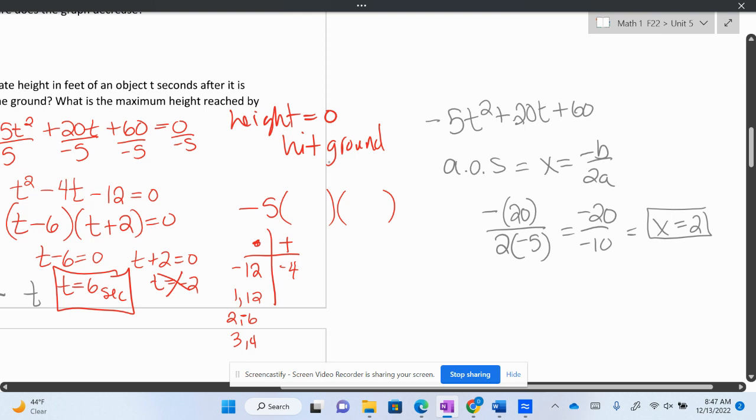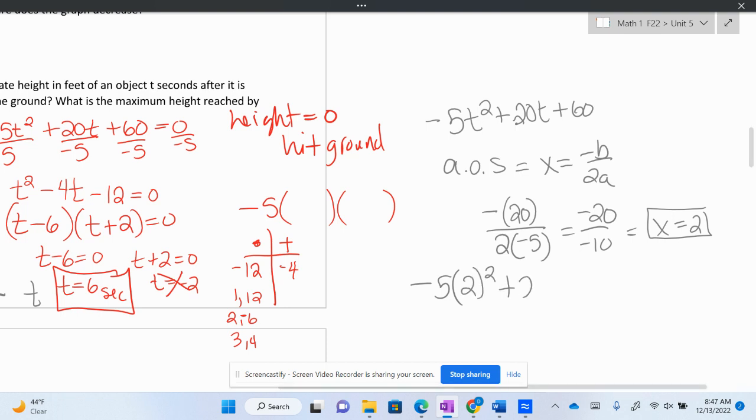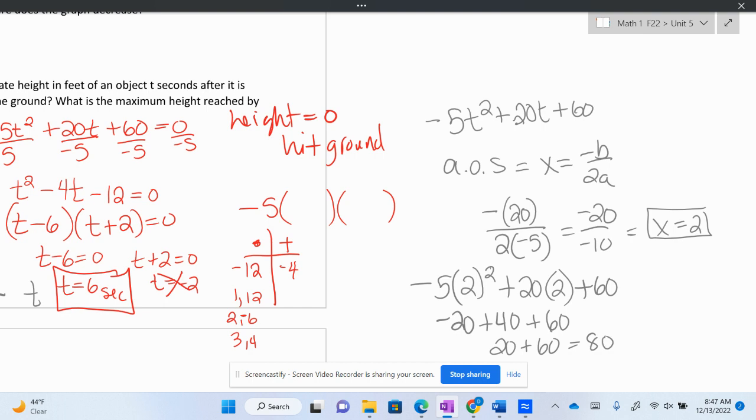So then I take that and plug it back in: -5 times 2 squared plus 20 times 2 plus 60. 2 squared is 4 times -5 is -20, plus 40, plus 60. -20 plus 40 is 20, plus 60 is 80.